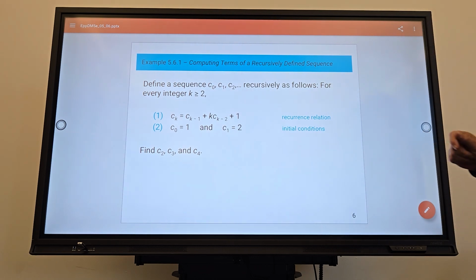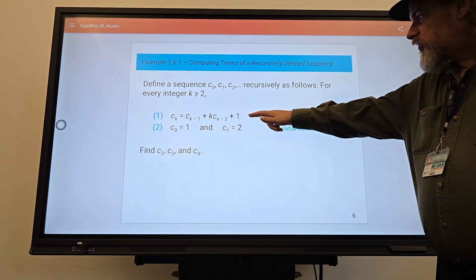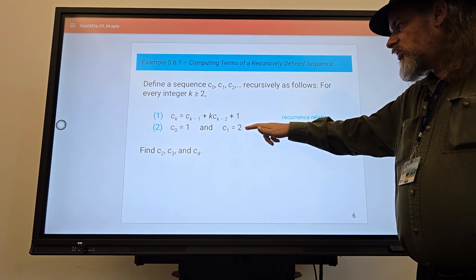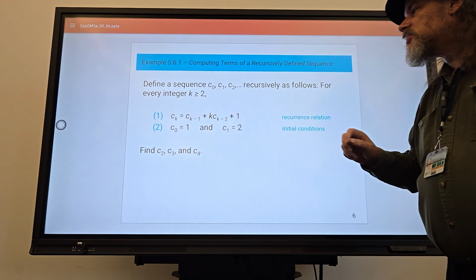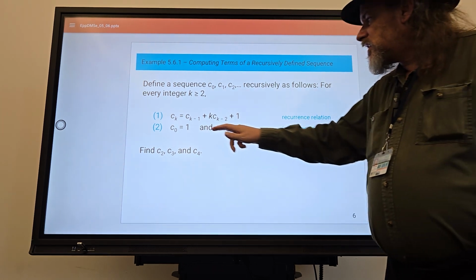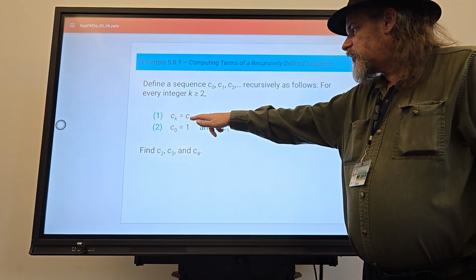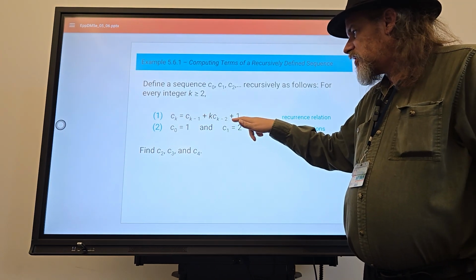So define the sequence c0, c1, c2 recursively as follows. For every integer k greater than or equal to 2, you have the recurrence relation, which is a formula, and then the two initial conditions. You can't say c_k equals this for k = 0, because k would be negative numbers.